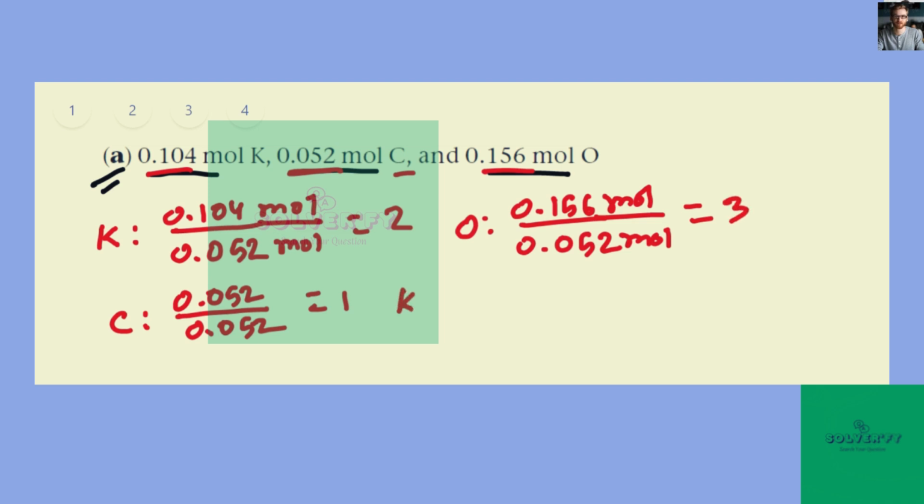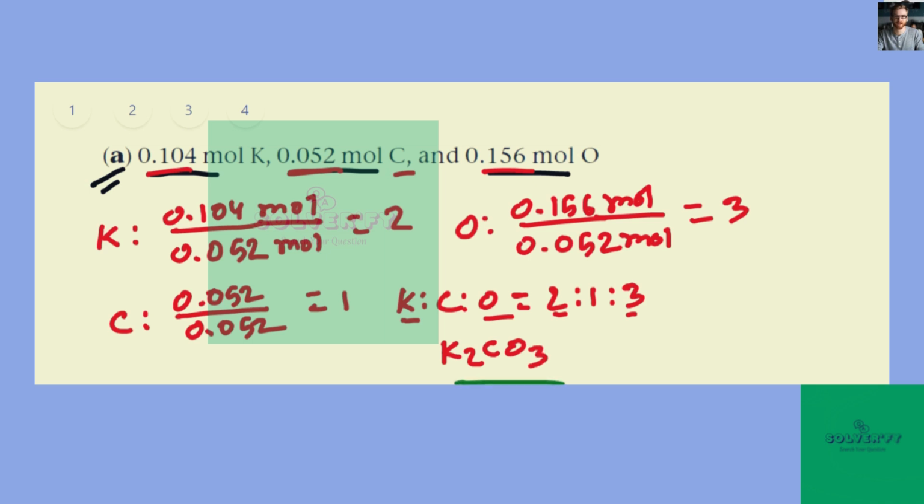So that means the ratio of K, C, O is 2 is to 1 is to 3, and therefore we can write the empirical formula of the compound. Since we have 2 K, we can write K2, we have 1 C, then K2C, and then we have 3 oxygen, we will write O3. So this is the empirical formula of the compound, which is K2CO3.